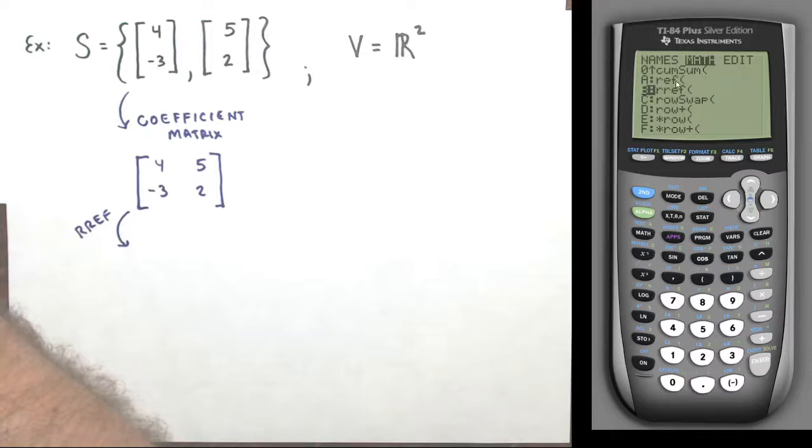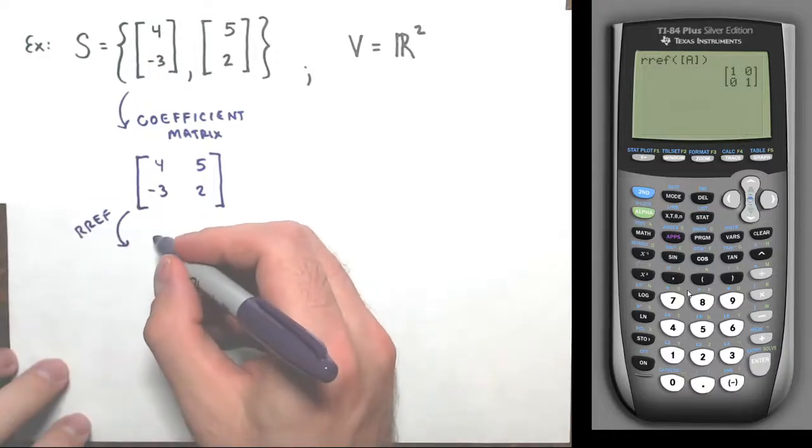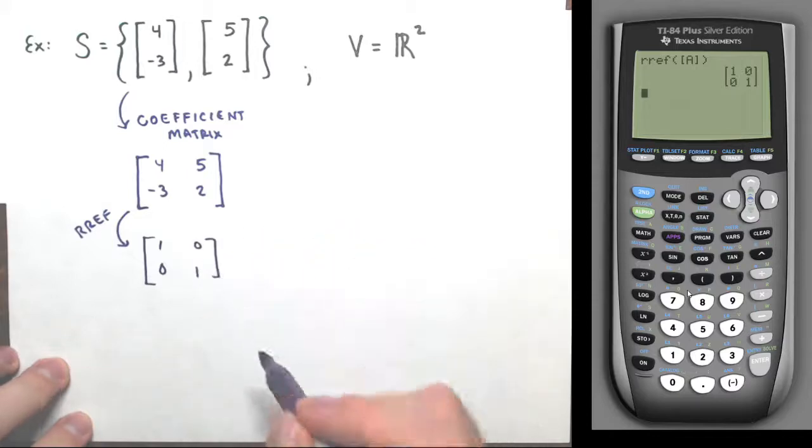Don't confuse it with REF. That's row echelon form, just plain old echelon form. All right, I want RREF, and then what matrix do I want to put in that form? Matrix A, the 2 by 2 under the names. And you see it's the identity matrix, as I said it was going to be, so 1, 0. And again, you can do this by hand with row operations and whatnot.